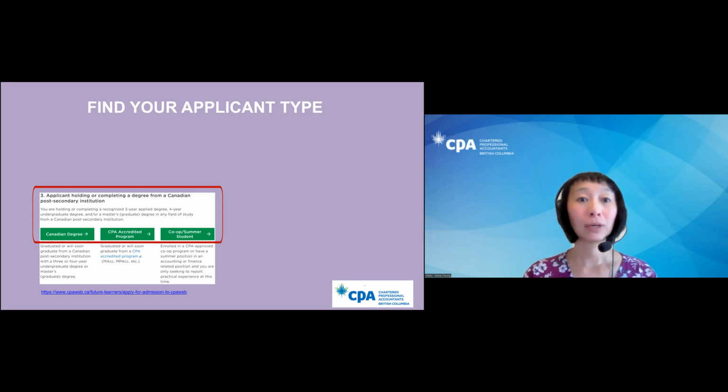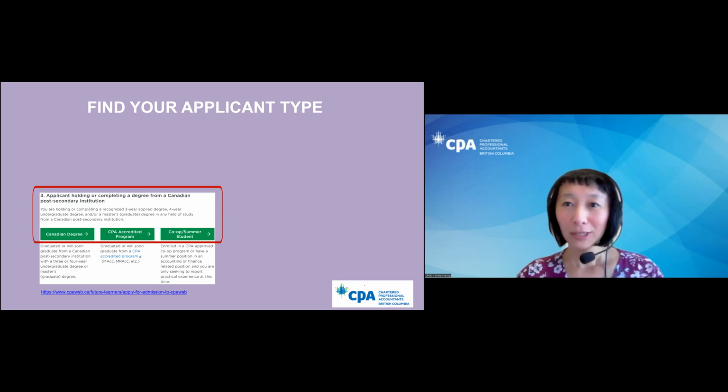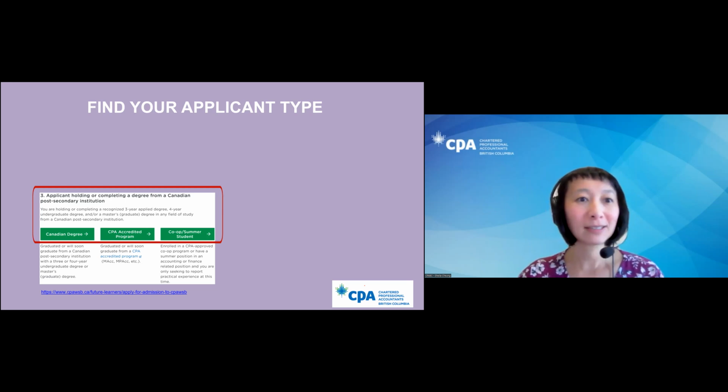This also relates to persons who are enrolled in a Canadian post-secondary institution and are a current co-op or summer student. So now I'm going to pass the mic over to CPAWSB Carrie or Kim to share a few tips and highlights on this applicant type 3.